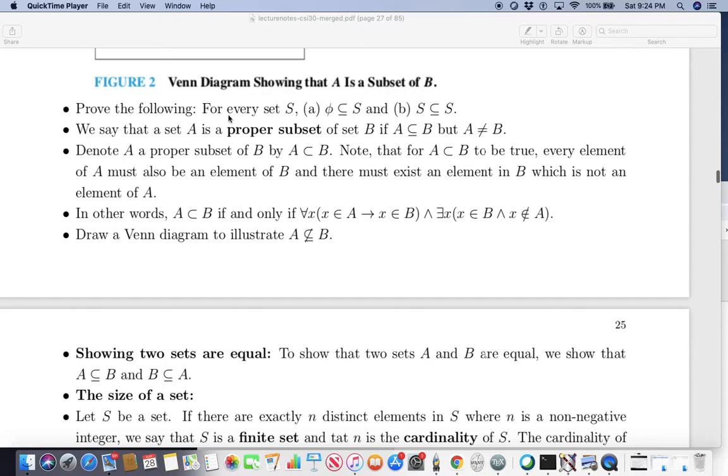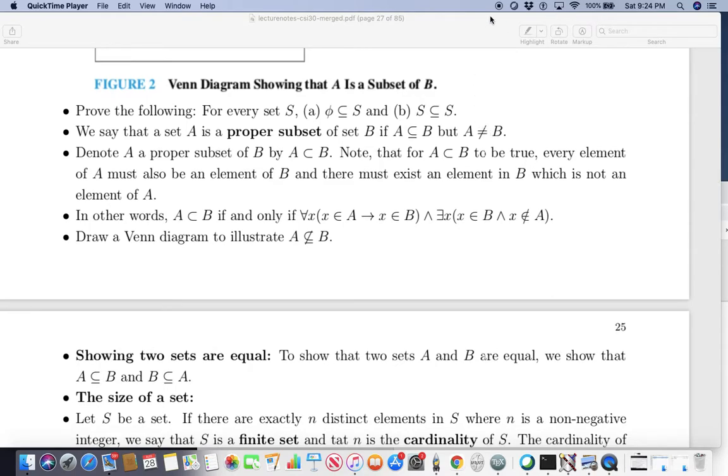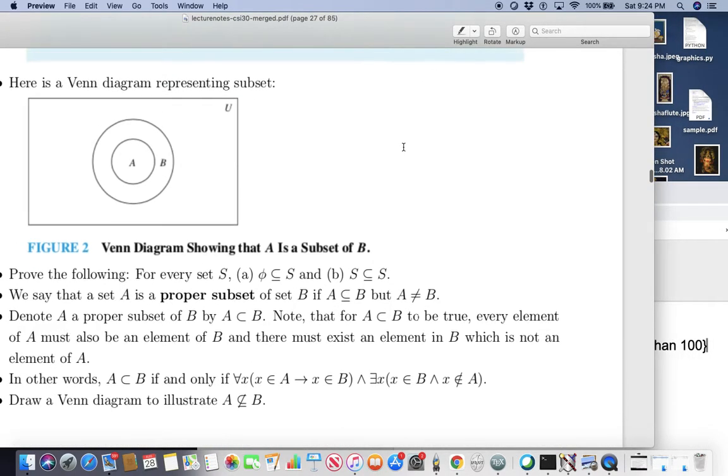Prove that for every set S, the empty set is a subset of S, and S is a subset of S. These are two notions we want to prove.